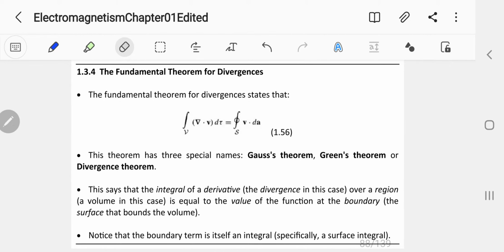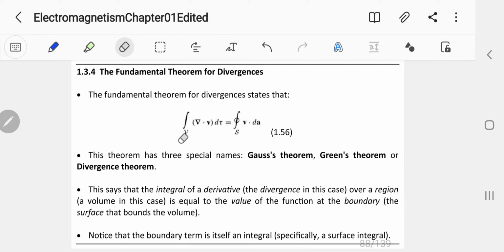So for the fundamental theorem of divergences, you have the integral of the divergence of a vector function v with respect to some volume, differential volume or infinitesimal volume, is just equal to the closed integral of the vector function v dotted to differential area.